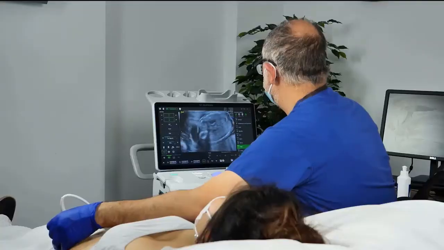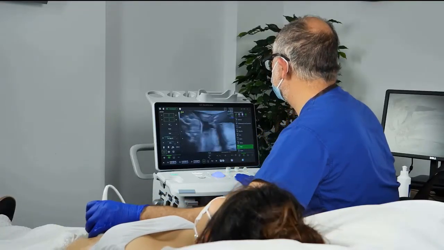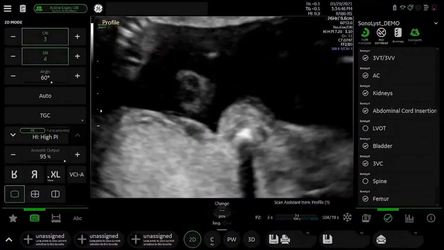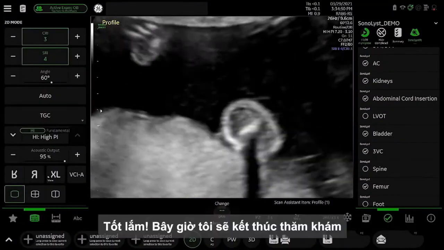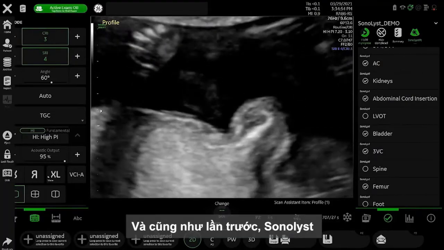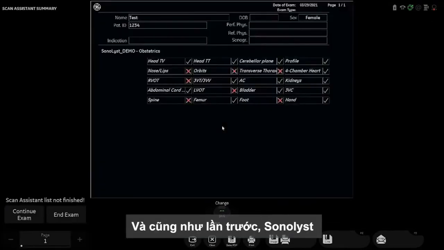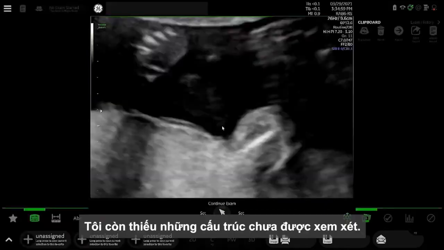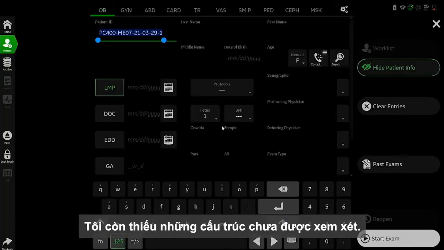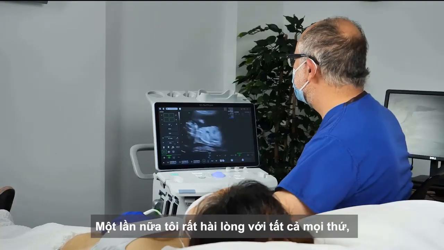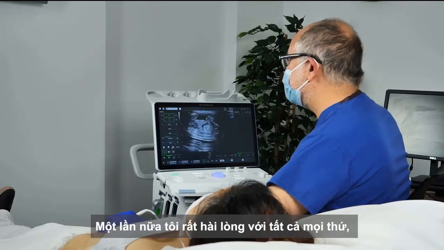Femur length. Perfect. So let me just close that. I'm going to try and end the exam, and again, it's going to tell me that I've got things missing, but I've overridden that and I've closed the exam anyway. Perfect. Listen, I'm very happy again with everything, just as I was the other day.